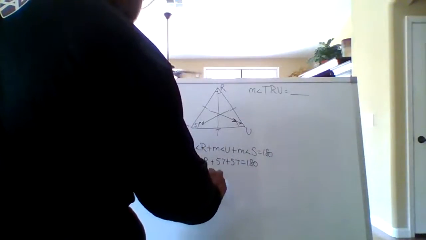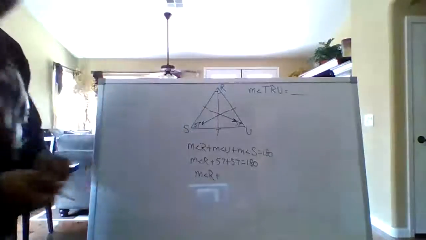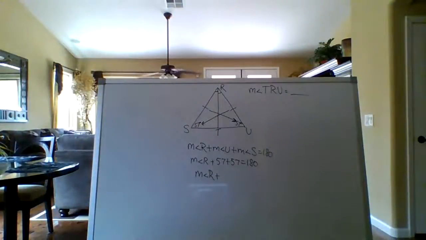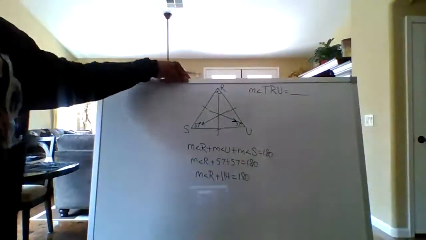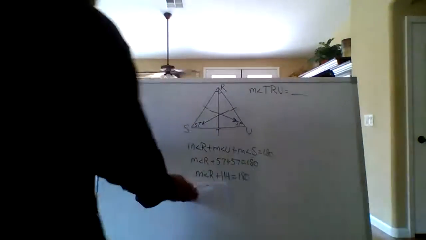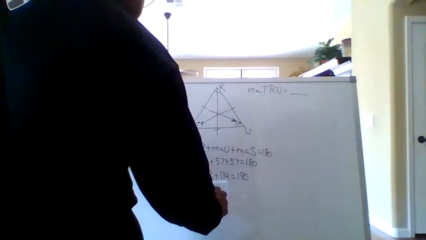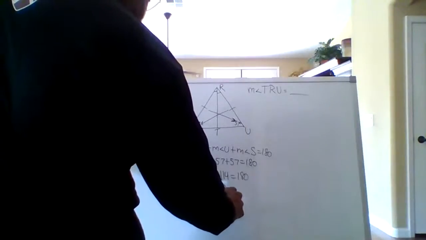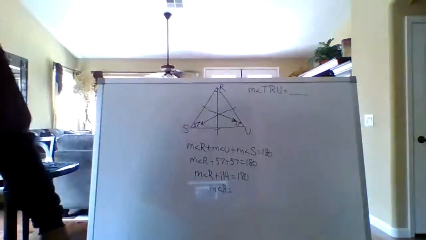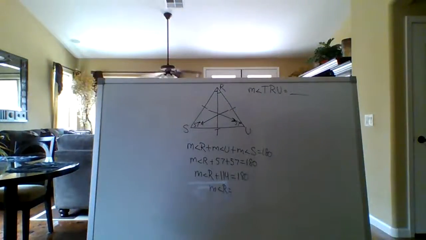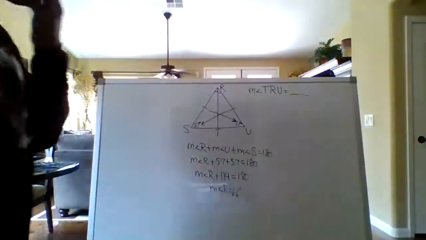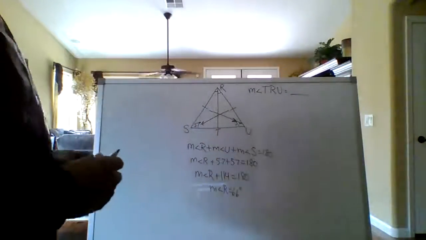The measurement of angle R plus 114 equals 180. Subtract 114 from 180. 66. So we know the measurement of angle R is 66 degrees.